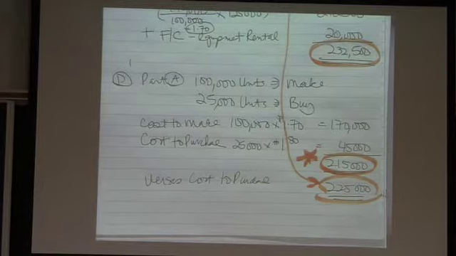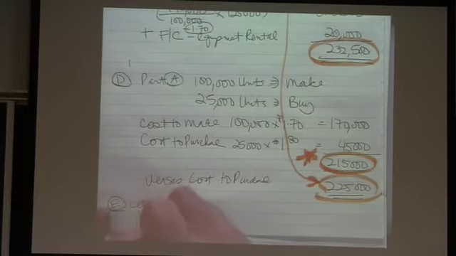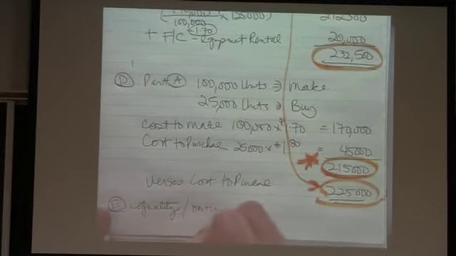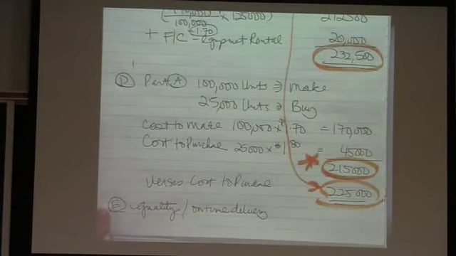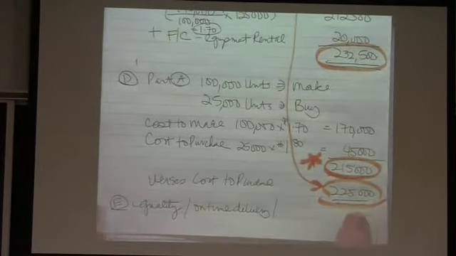Now Part E asks what qualitative factors managers would consider in determining whether they should make or buy the lipstick tube. Well, the factors are quality, on-time delivery, and how do we know that the pricing is not going to change?